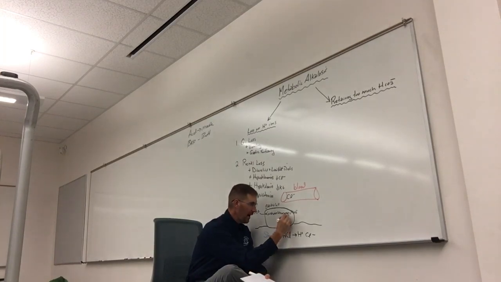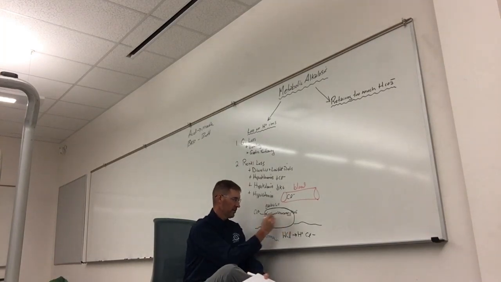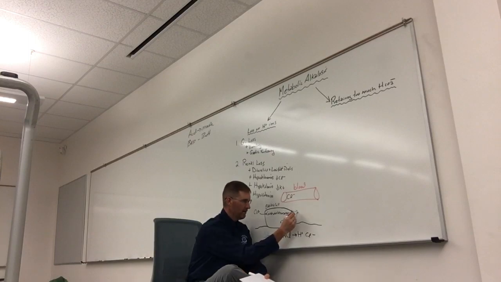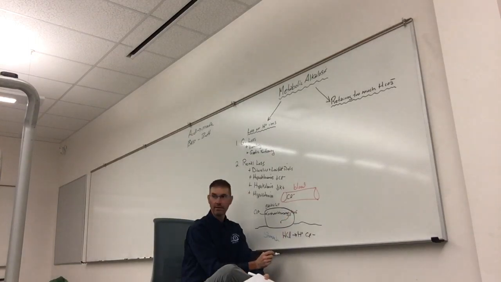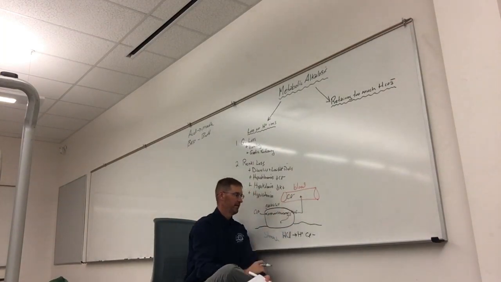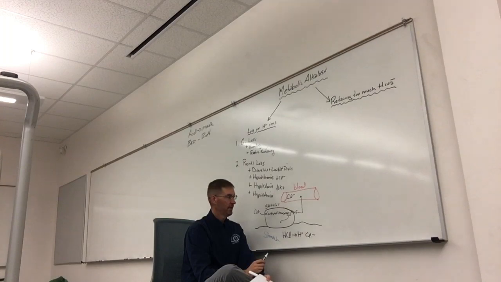So what happens is this hydrogen ion that's produced from this chemical reaction is taken away. All right, and then the bicarbonate, and what charge does the bicarb have on it? A negative charge. So the bicarbonate is then sent into the blood. And if I put a negatively charged ion into the blood, what has to happen in response to that? A negative has to come out to maintain electroneutrality.